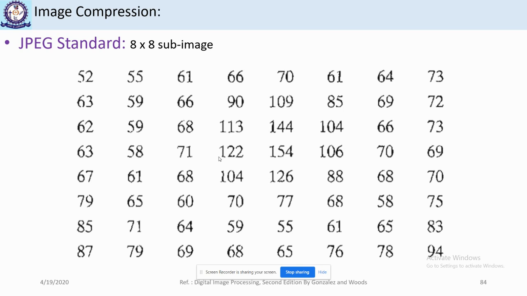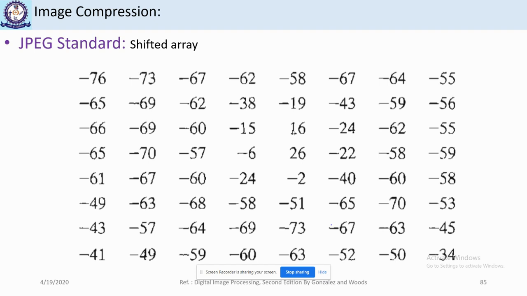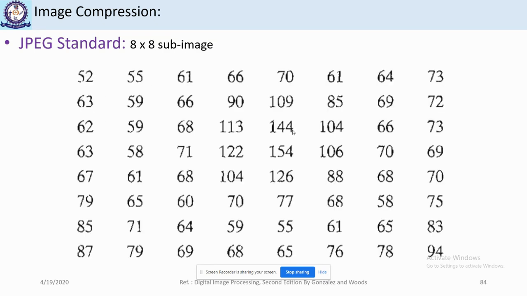Since this is a gray image, the gray levels range from 0 to 255. That means a total of 256 gray levels are there. So 2 raised to the power n is 256, and 2 raised to the power n minus 1 will be 128. So it will be level shifted first. To level shift, each element of this subimage is subtracted by 128.